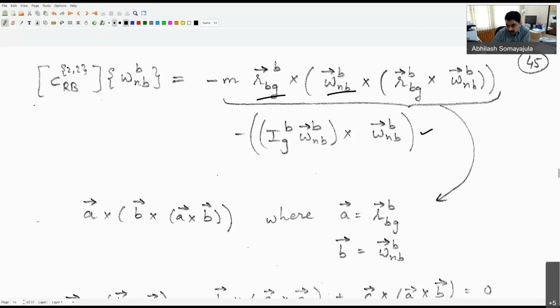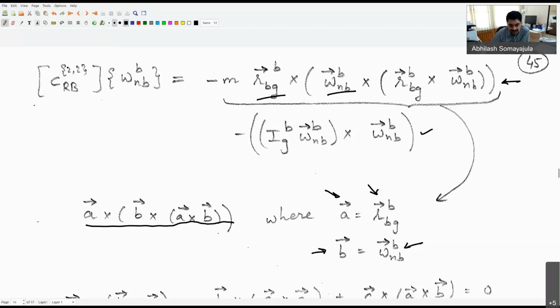If I make the substitution, A vector is R and B vector is omega, then the above expression which you see here is nothing but A cross B cross A cross B. Yes. Okay.